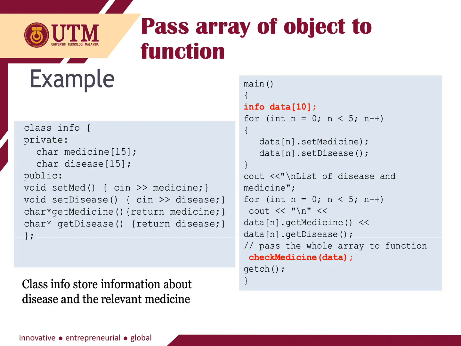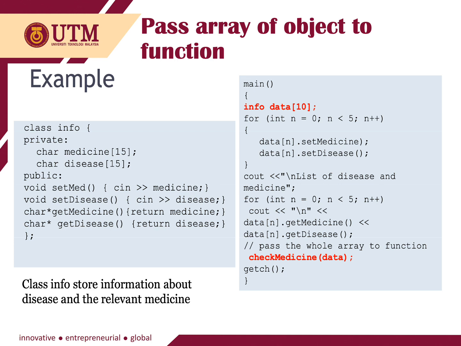So this is an example of how we pass an array of objects to a function. The class info will store information about disease and the relevant medicine.